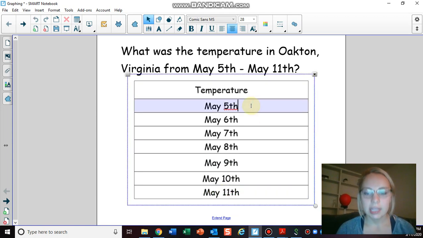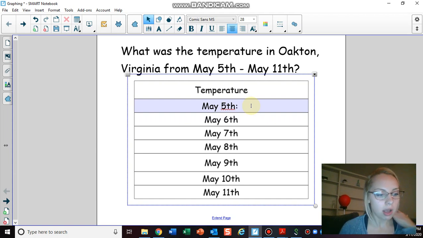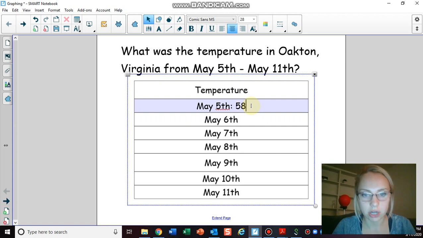So let's start with May 5th. I'm going to pull up the weather app on my phone, and on May 5th it says the temperature high was 58 degrees.